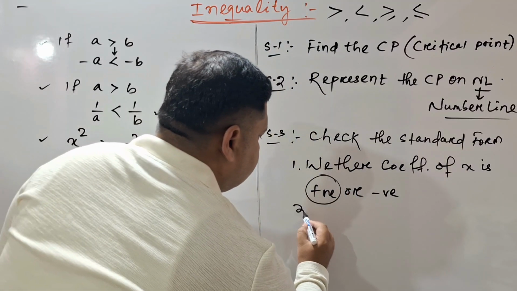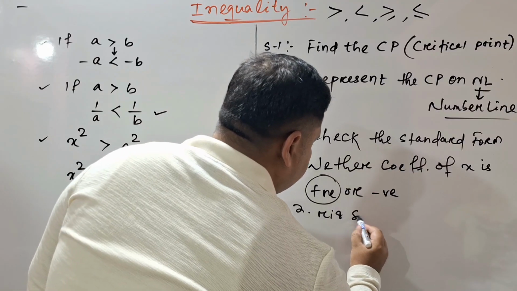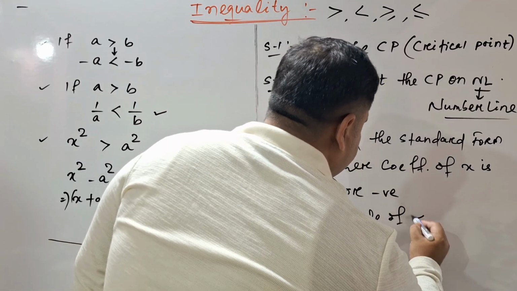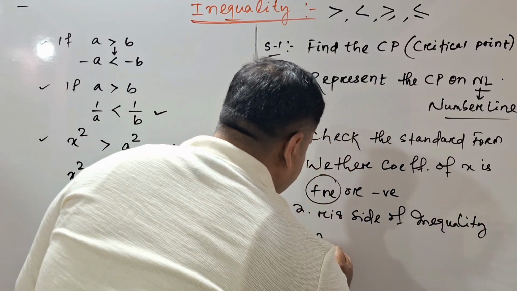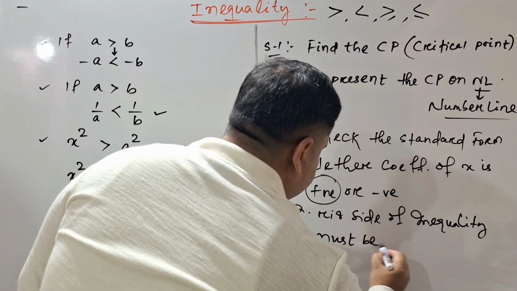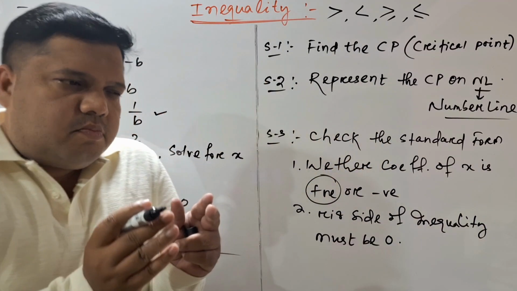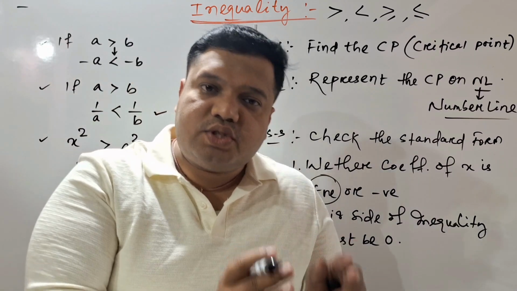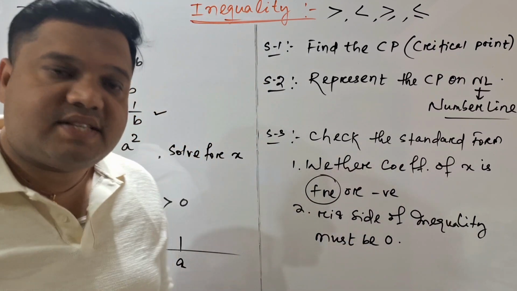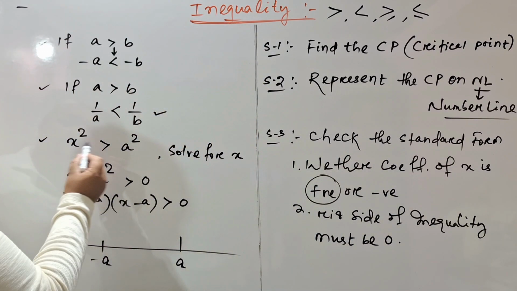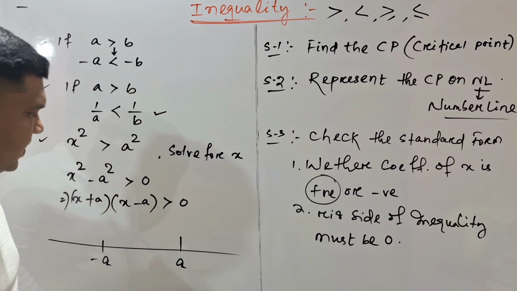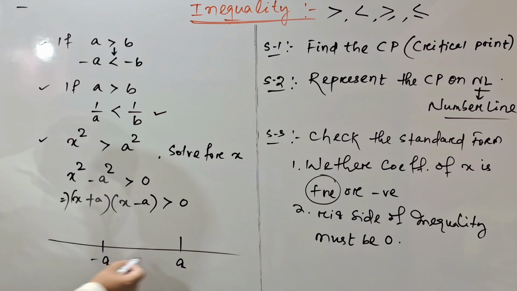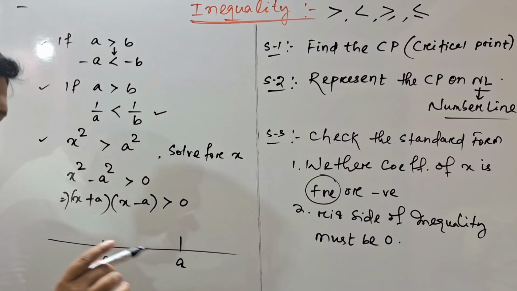Second, the right side of the inequality must be 0. If it is not 0, if some constant term or expression is there, take it to the left hand side. Here I do this: x square is greater than a square, I take a square to the left hand side. Now if you observe, two points are there, minus a and a, two critical points.